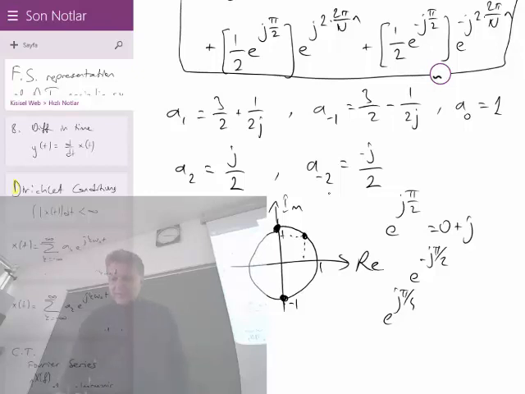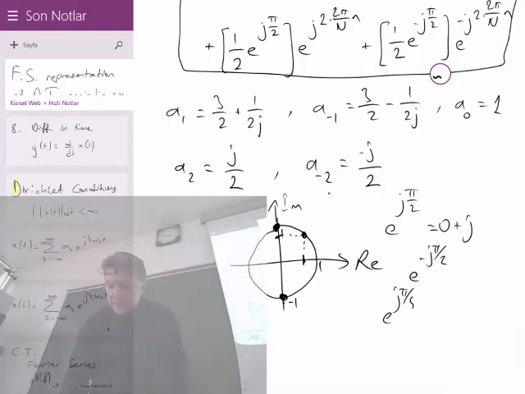So you have to evaluate the real part and the imaginary part of these. And what are they? 1 over square root of 2 is here, and 1 over square root of 2j is here. Or j over square root of 2. If it is e to the 0, then it would be this point, and that would correspond to e to the 0 is 1.